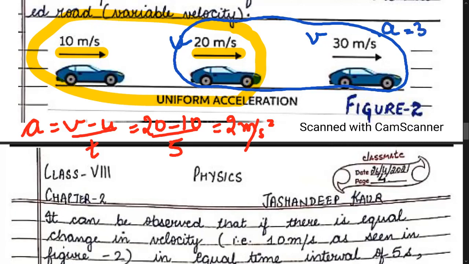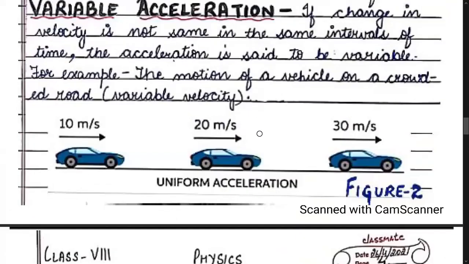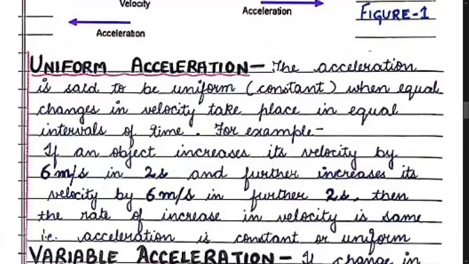Acceleration will be 30 minus 20 upon again 5 seconds, because time between the two cars is 5 seconds. So if you solve, your answer will again come 2 meters per second square. So what is occurring here? Each time the value of acceleration is coming same. So it is an example of uniform acceleration.